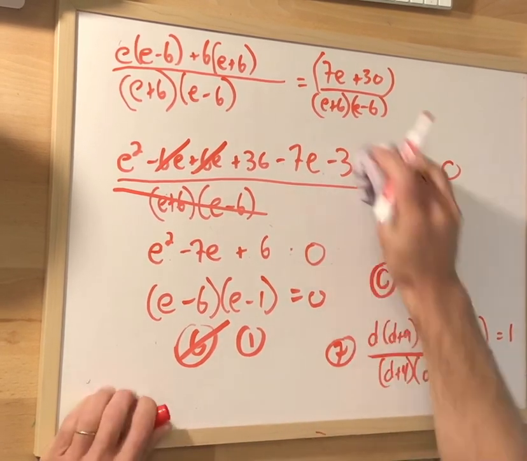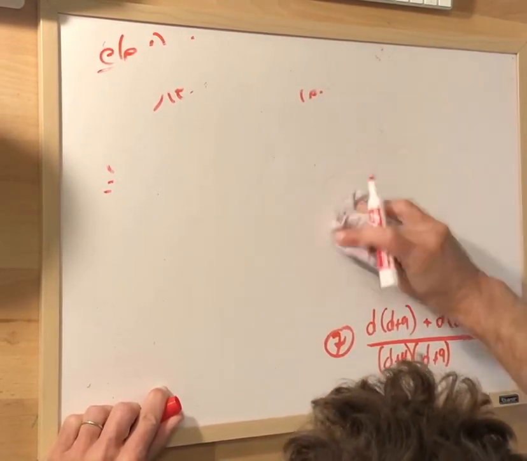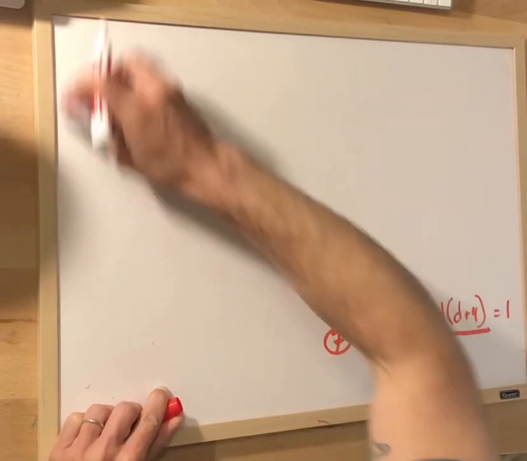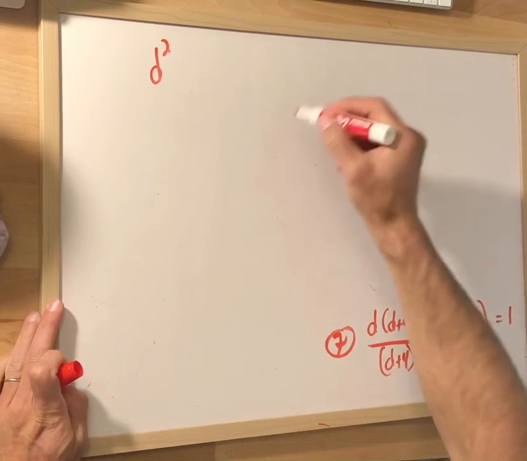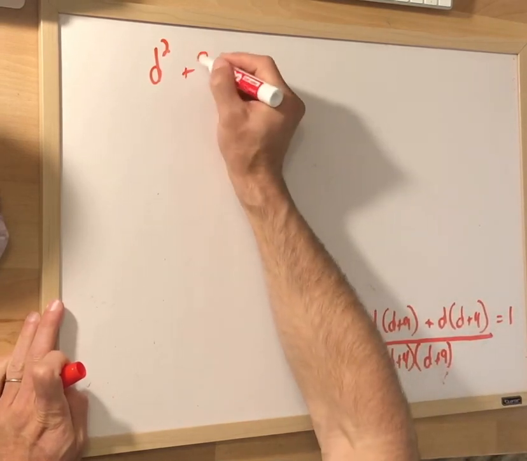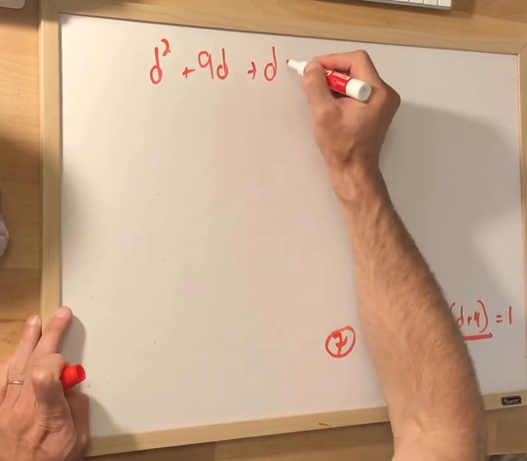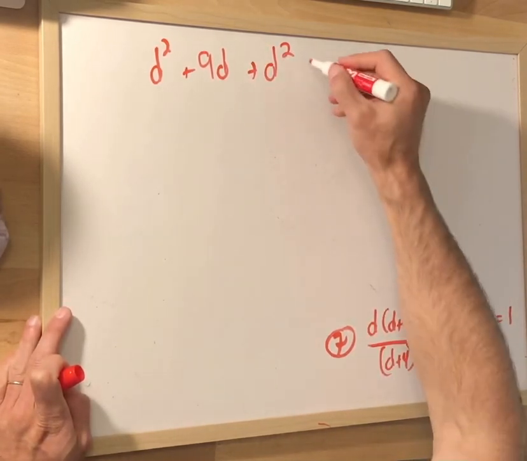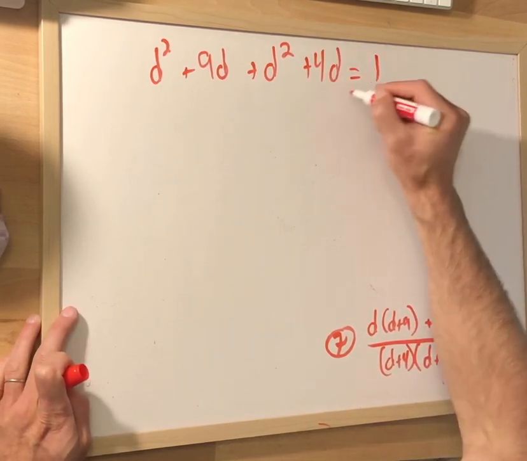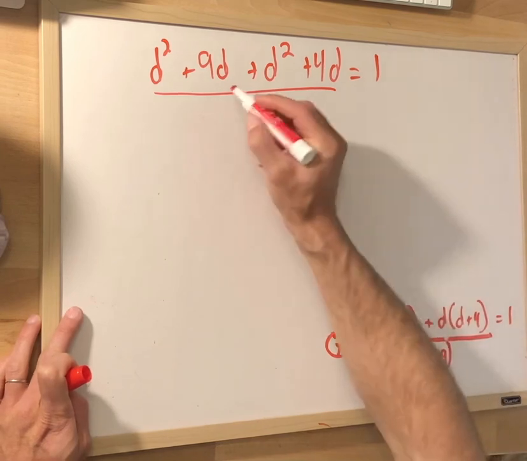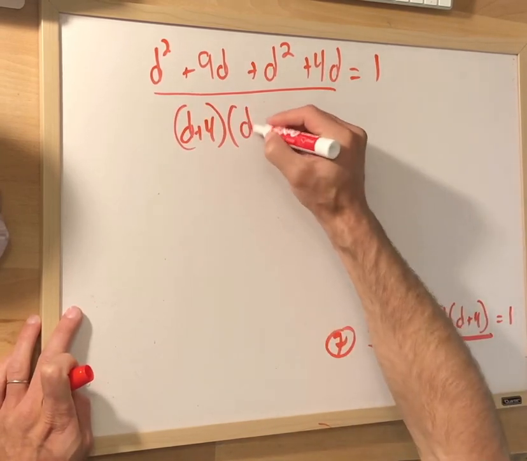All right, so when I do this, for number 7, I'm going to have d squared plus 9d plus d squared plus 4d equals 1. This is all over d plus 4 times d plus 9.